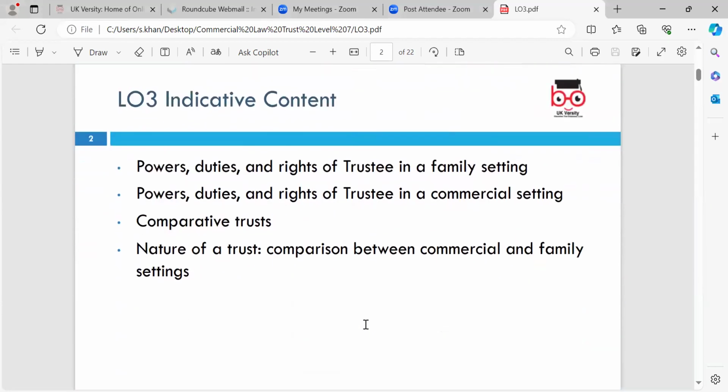So the indicative content we're going to look at powers, duties, and rights in a family setting. We also looked at powers, duties, and rights of trustees in a commercial setting, comparative trusts, nature of a trust, comparison between commercial and family settings.